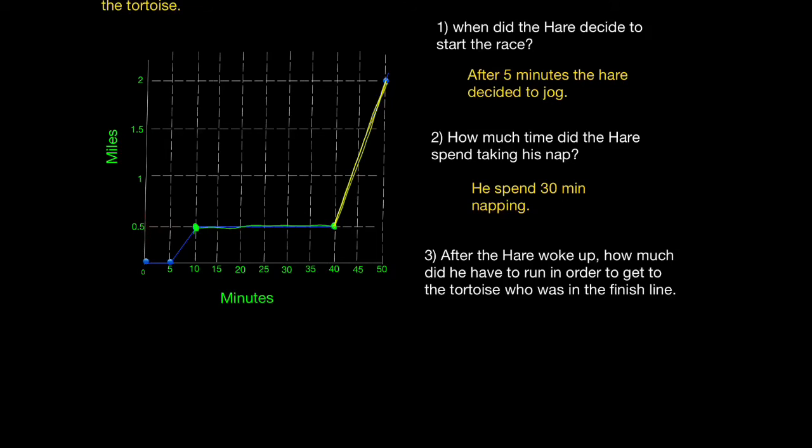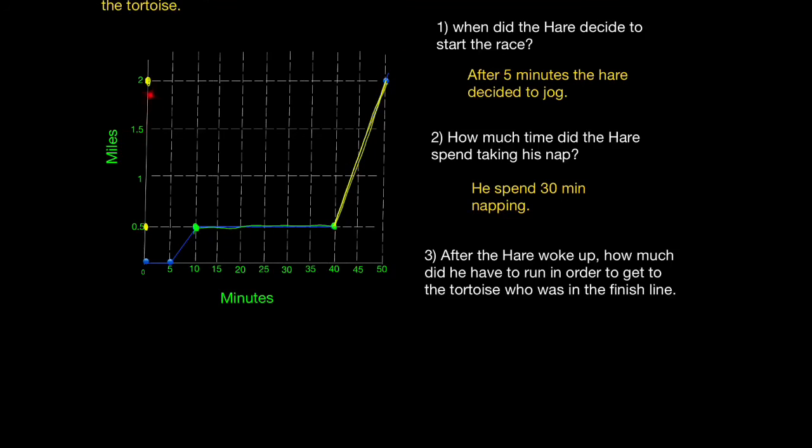we're basically going to have to calculate the distance between 0.5 and 2. How much distance is getting covered from these 2 points, right? Because this distance refers to the distance that the hare jogged, or dashed, I should say.